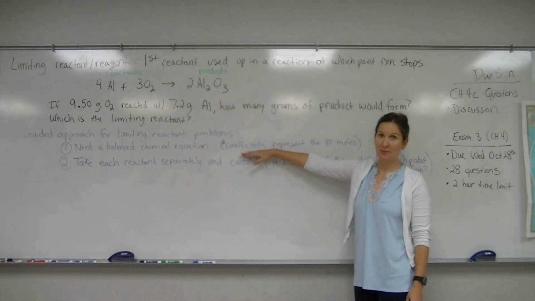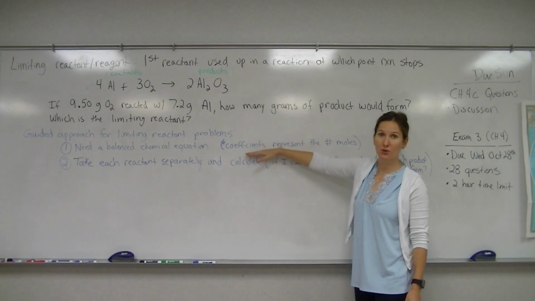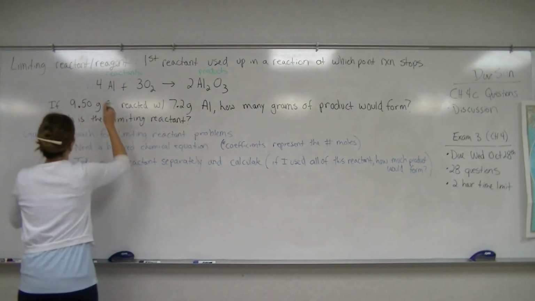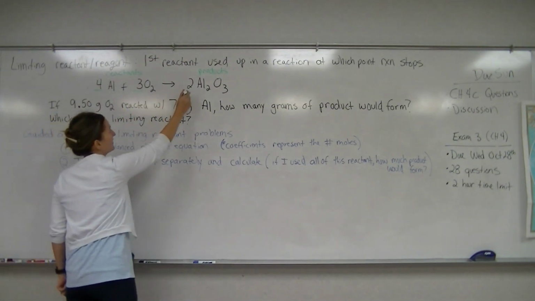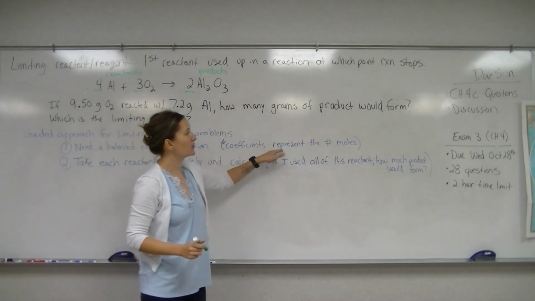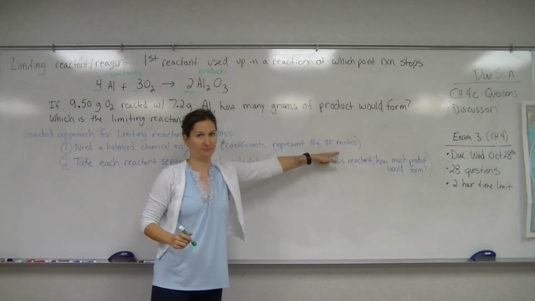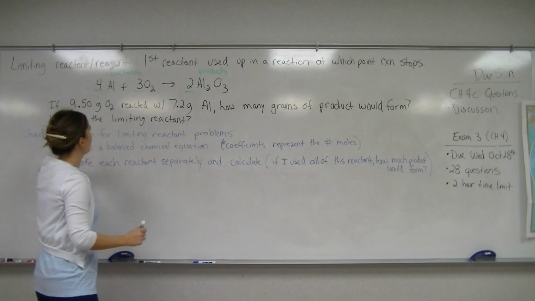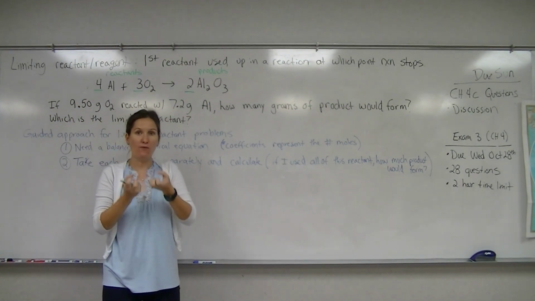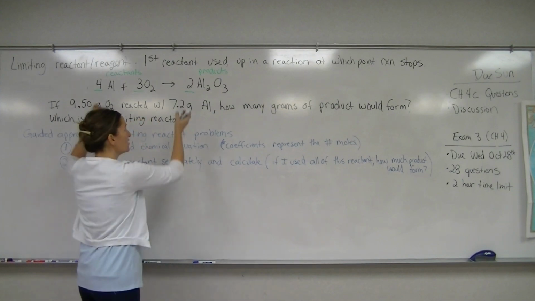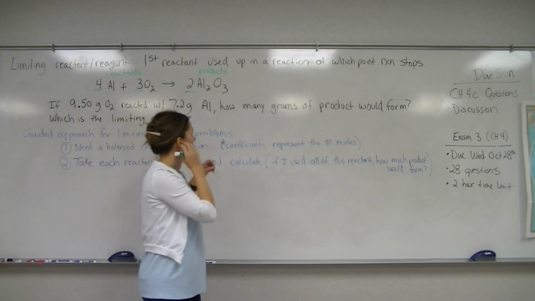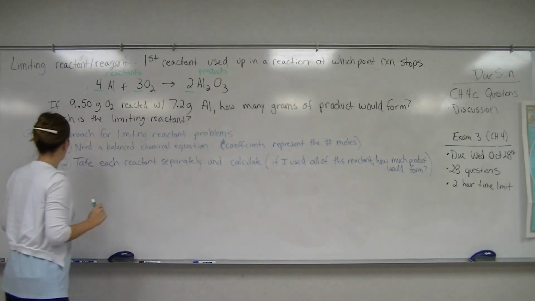Because for stoichiometry, and that's what we're applying to this problem, the coefficients, being the numbers in front of every element or compound, represent the number of moles. When we're going between two different atoms or elements, we need it in mole form so that we can use those coefficients to compare them. So coefficients represent the number of moles.